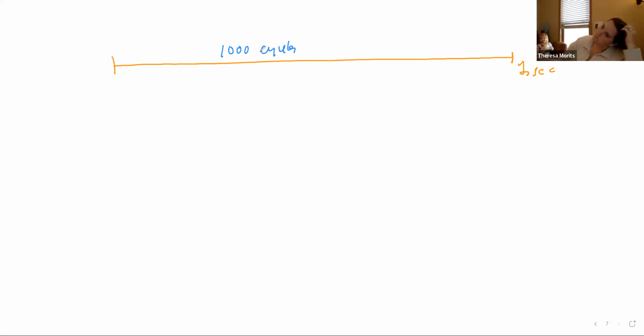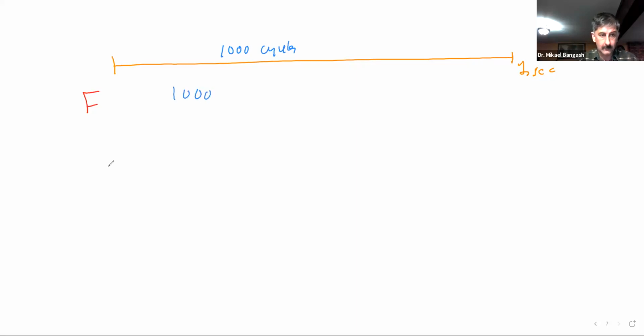Yep. Good. That would mainly mean that in this 1 second here, if we have 1,000 cycles per second, then this is going to be our frequency, right? It says 1,000 cycles per second, or this could also be written as 1 multiplied by 10 raised to the power 3.